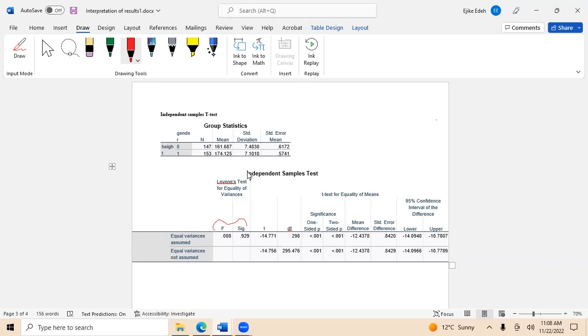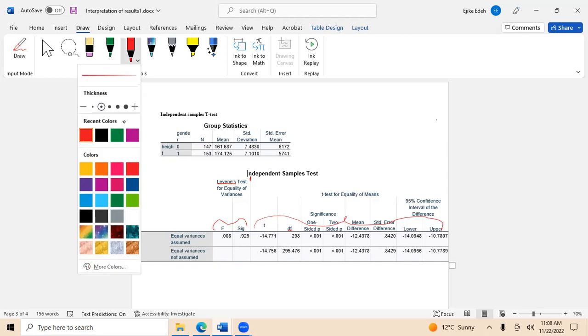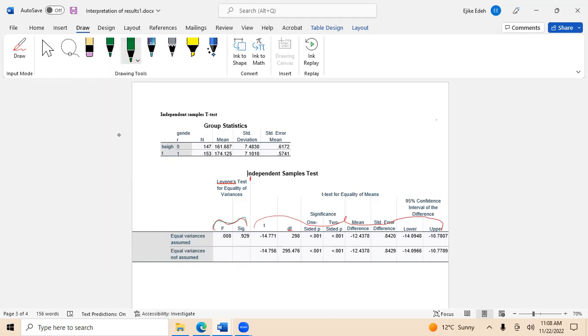And then this second set is over here. For the first set, I'm going to use a different color to mark that. Let's use green. For this first part of the result, you are trying to determine which line to interpret, whether to interpret the first line or the second line.